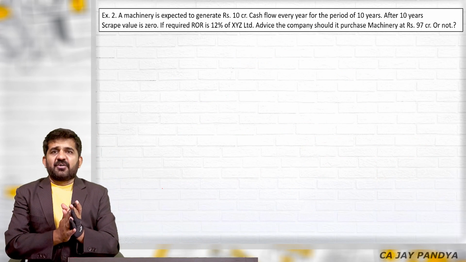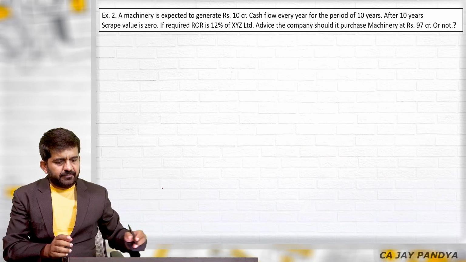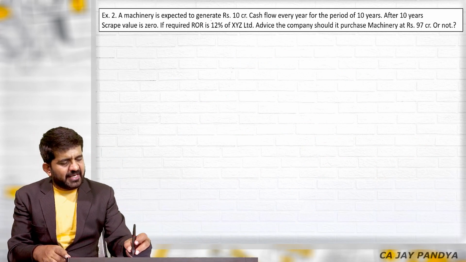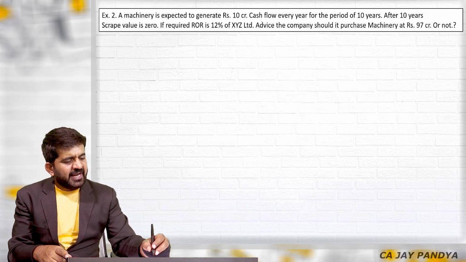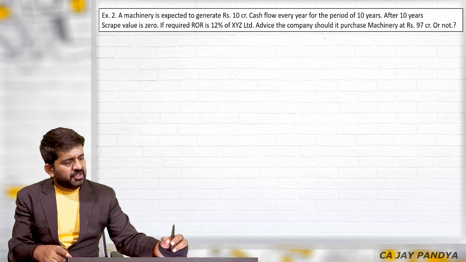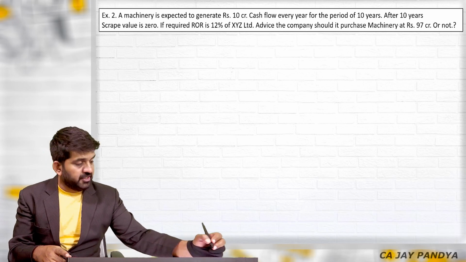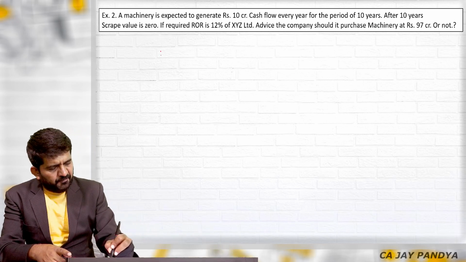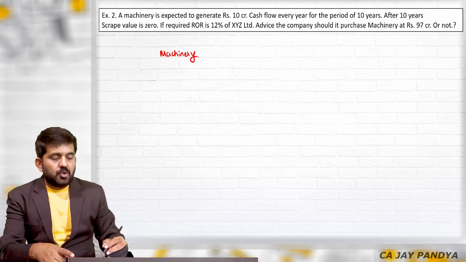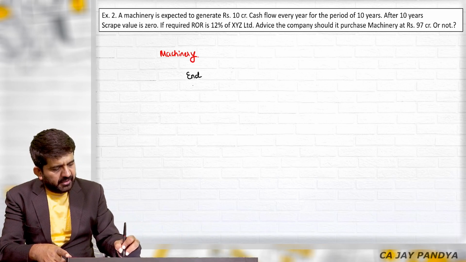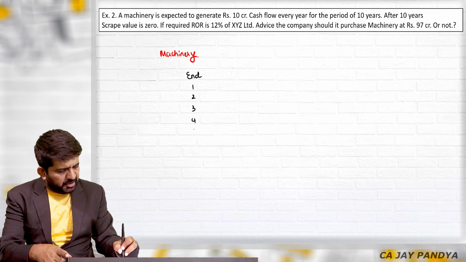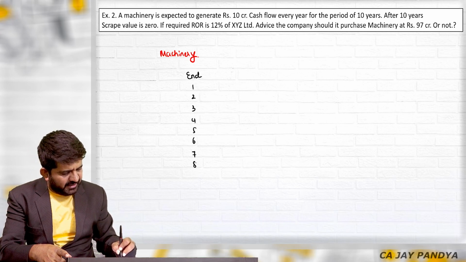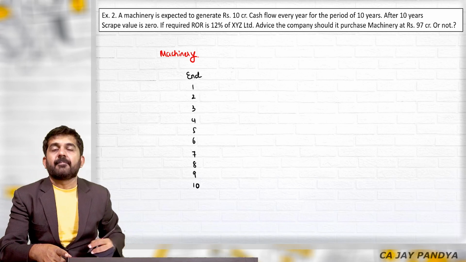Let us go to the second one, where we are not talking about shares. A machinery is expected to generate 10 crore cash flow every year for the period of 10 years. So if you purchase the machinery, what will be your cash flow at the end of 1, 2, 3, 4, 5, 6, 7, 8, 9 and 10?